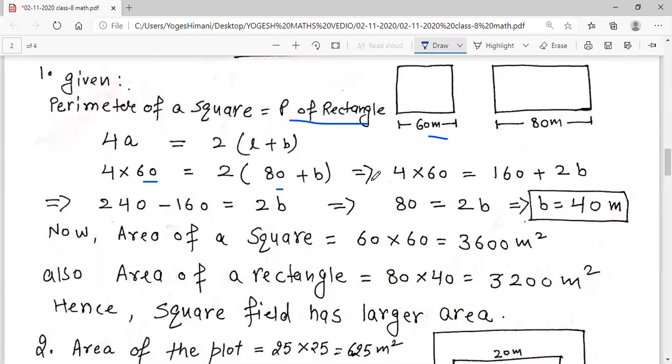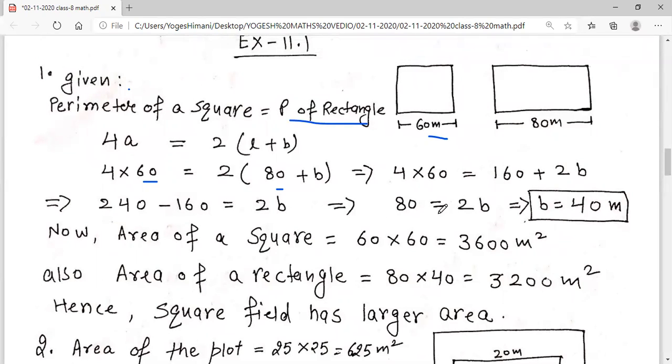Now 4 sixes are 240, and the plus 160 will go to the other side of the equal sign and will be minus 160, which is equal to 2b. When 240 is subtracted by 160, we get 80 is equal to 2b. The 2 will go to the other side as a reciprocal. So 80 by 2 is equal to 40 meter.